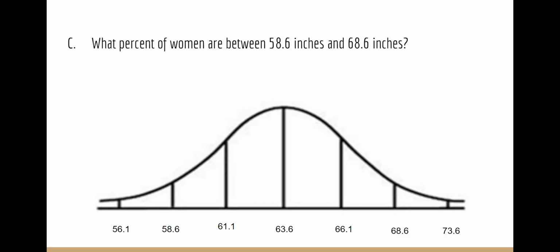Letter C. What percent of women are between 58.6 inches and 68.6 inches? So just like the problem previous, we're going to identify our parameters. 58.6 and 68.6. So the distance I'm trying to find is 2 standard deviations above the mean as well as below the mean.